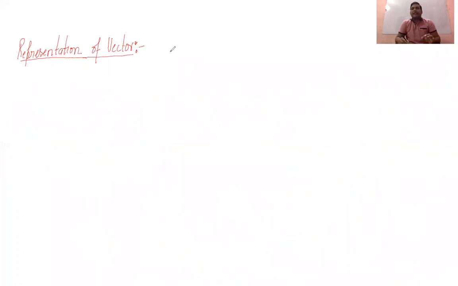So a representation of vector. If you are talking about the representation of vector, it is represented by the arrow.